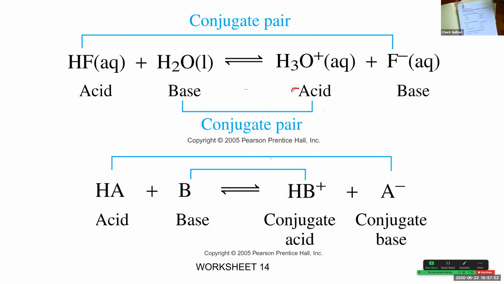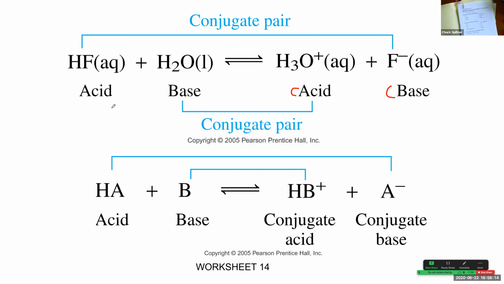Now this should say CA. This is where it should be the conjugate acid, conjugate base. They're labeled on the bottom correctly. But the pair, the water, the H2O, and the hydronium ion is called a conjugate pair. So that's the other goal, to be able to recognize conjugate pairs.